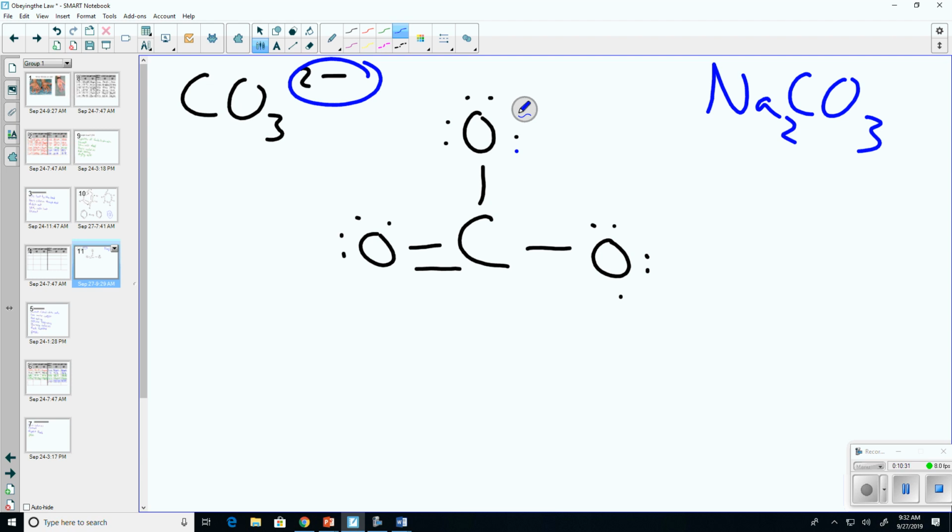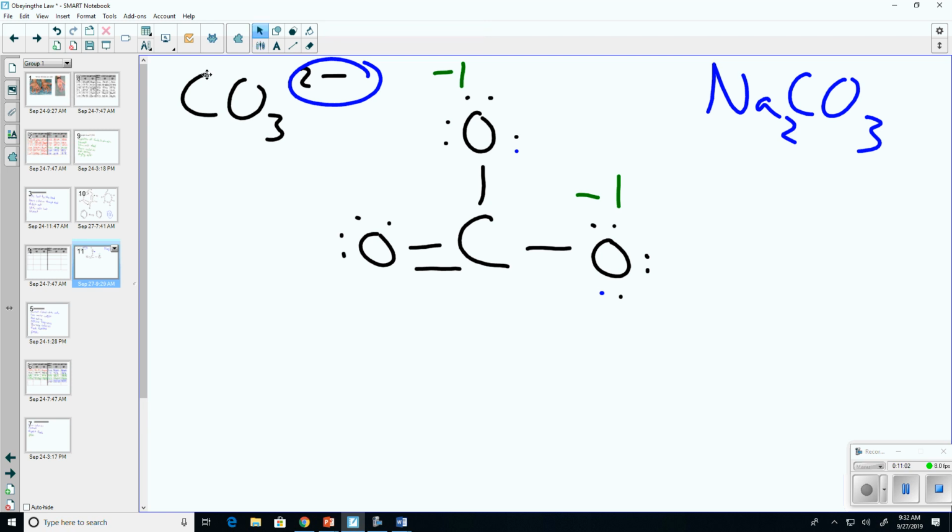That would go here and here. Since the top oxygen has 1 more electron than it did to start with, it has a -1 formal charge. Since the oxygen on the right has 1 more electron than it started with, it has a -1 formal charge. That's where the -2 comes from for carbonate overall.